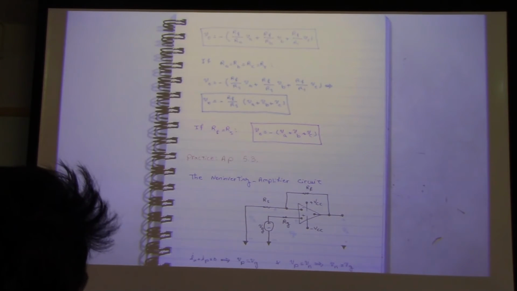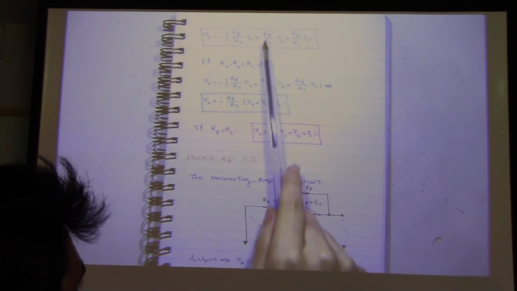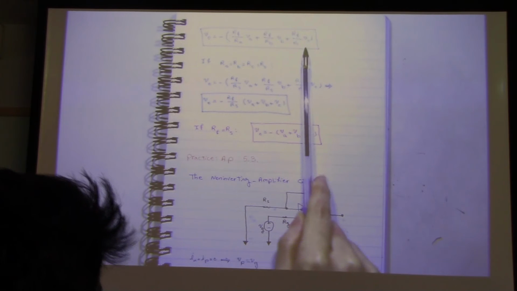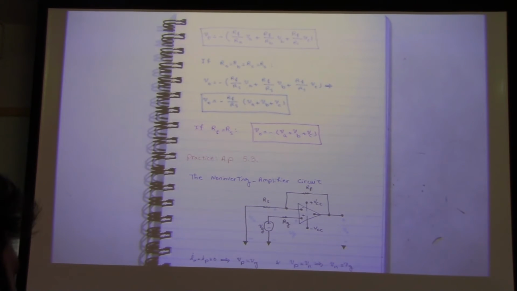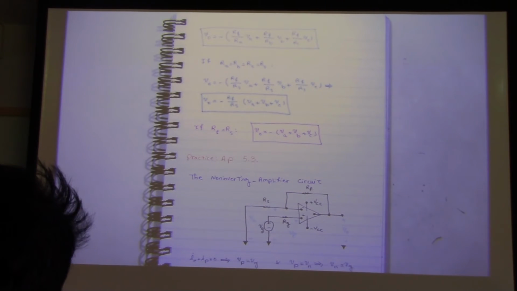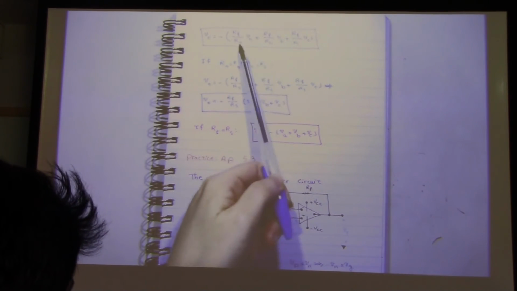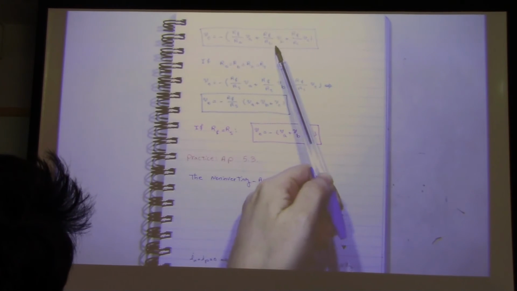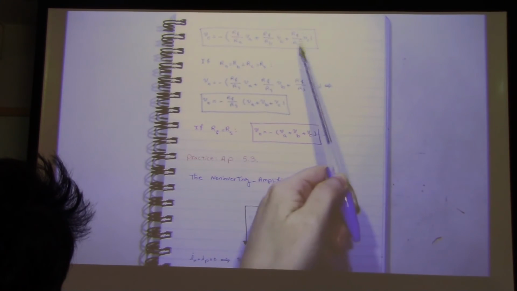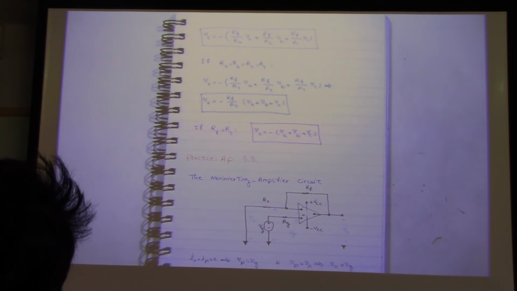So as you can see over here, the output is the summation of input voltages. So you can go more than 3 voltages. For here, just for example, we put 3 voltages. So if we have 3 voltages, the output is equal to VA multiplied by something plus VB multiplied by something plus VC multiplied by something.